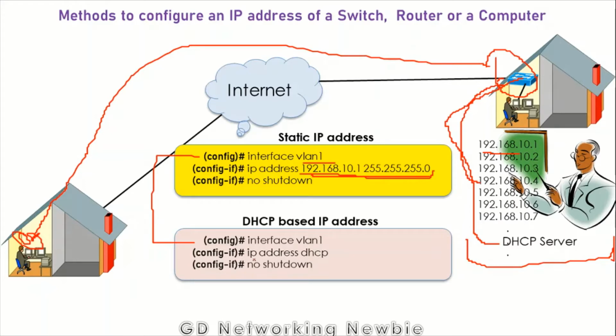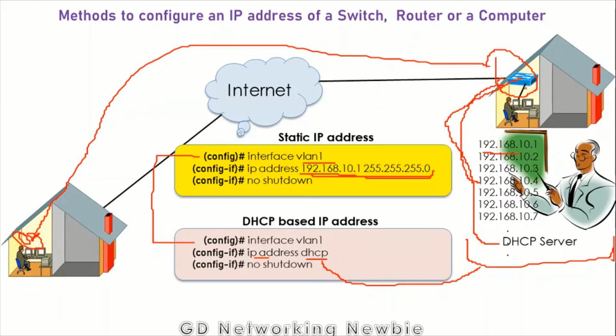But now in this case, after IP address, we are saying, please request the DHCP server for the IP address. So instead of giving an IP address statically, we are configuring the switch so that it will ask the DHCP server for some specific IP address. This is the only difference. But now any IP address available in the pool of the DHCP server can be assigned to the switch, or to the router or to a computer.